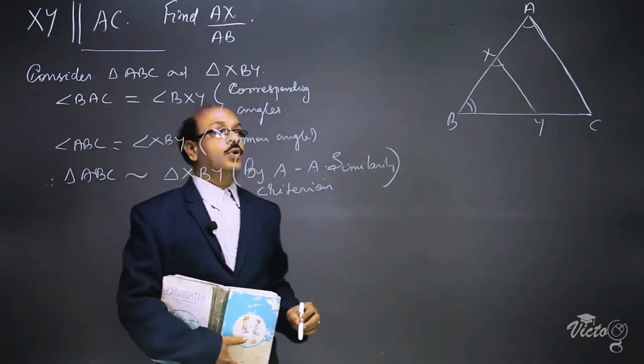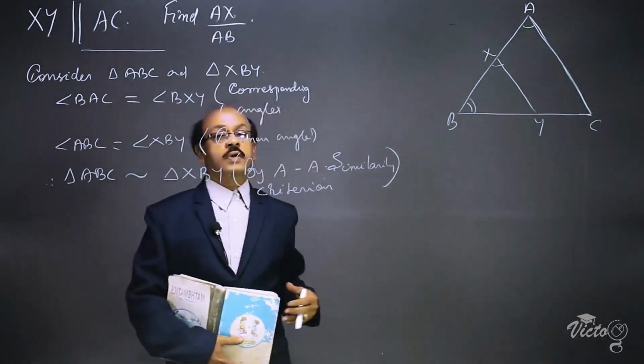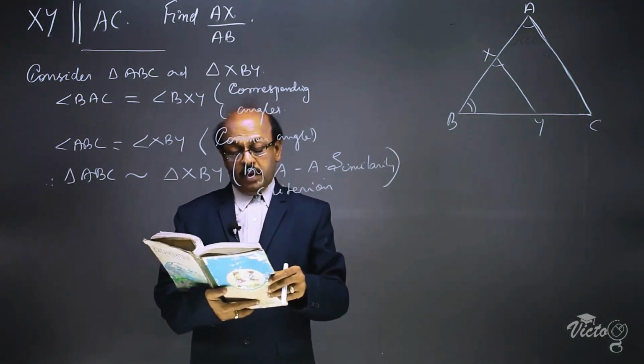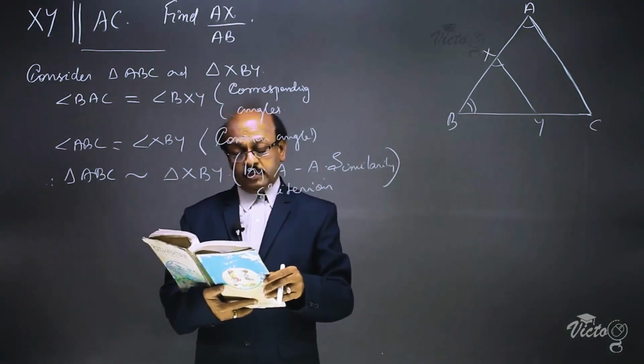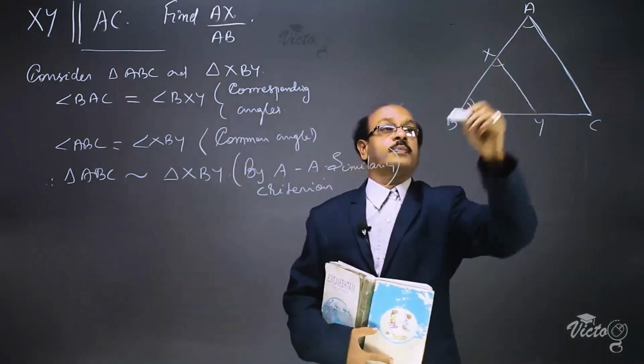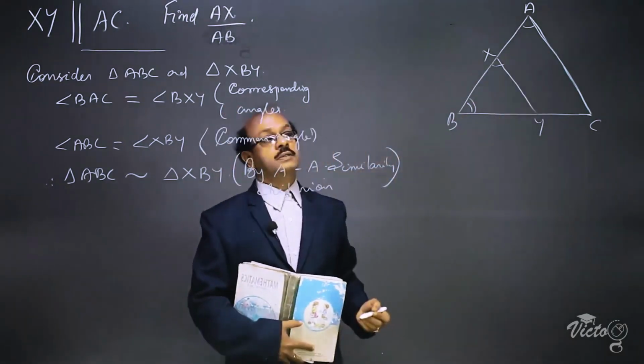Therefore, the ratio of the corresponding sides of the two triangles will be equal: AB by XB. These are the two sides.